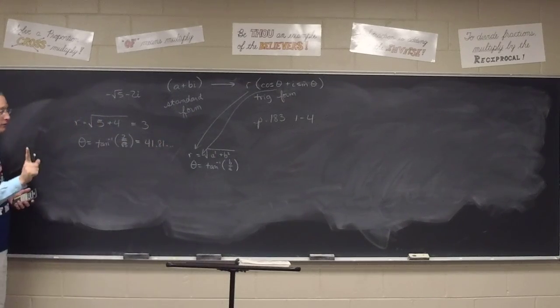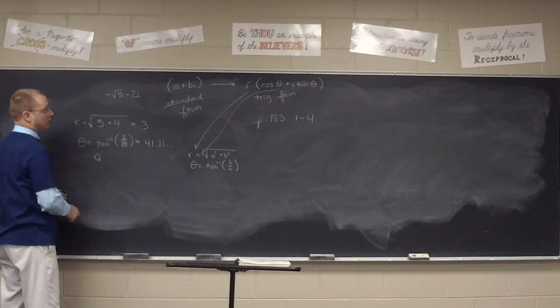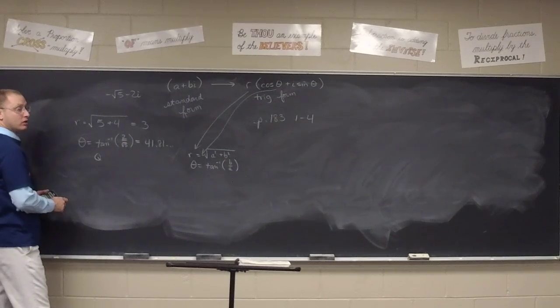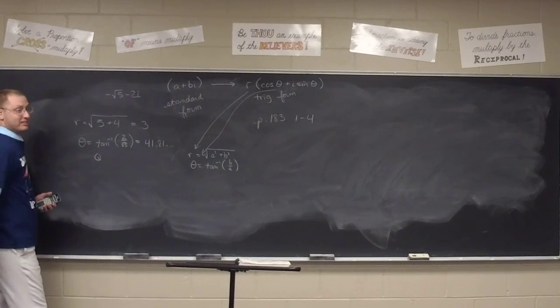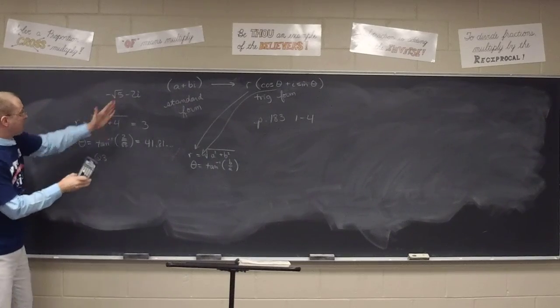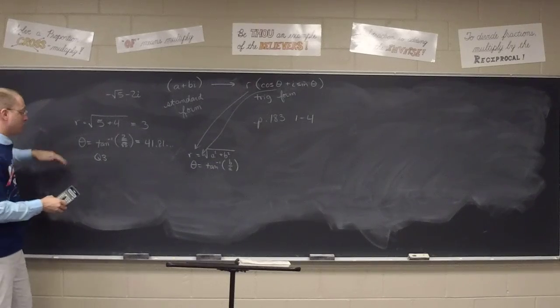That is a reference angle, though. What quadrant are we in? Backward, downward. Quadrant 3, right? Negative square root of 5 on the real axis, down 2i on the imaginary has to put us in quadrant 3.